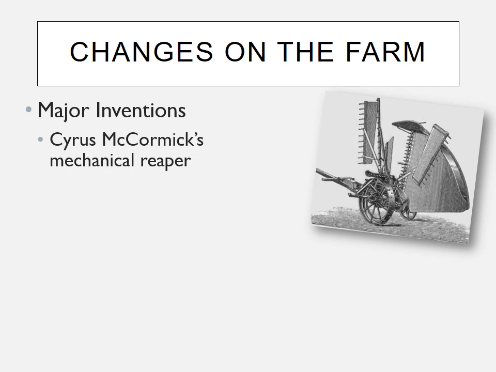As opposed to having to take a scythe and swing this thing back and forth and back and forth, this thing would not only cut, but also help collect all of the wheat or corn or whatever it is you were cutting down. And so this sped that process up, which made for less labor, which reduced costs.